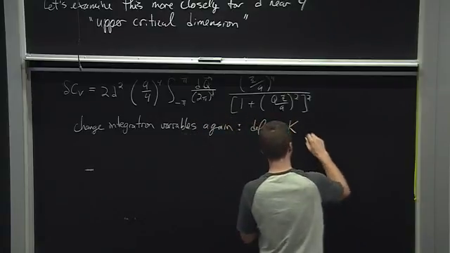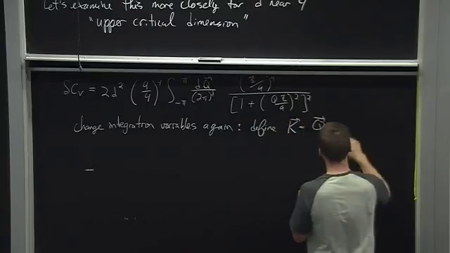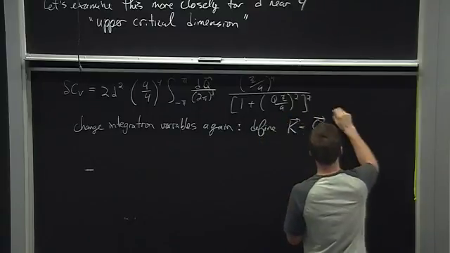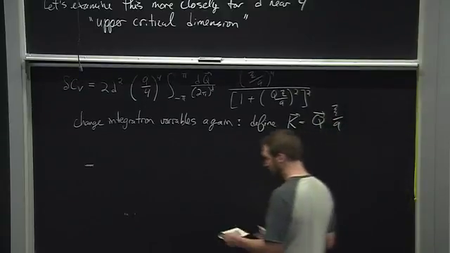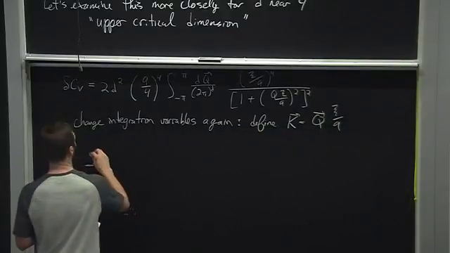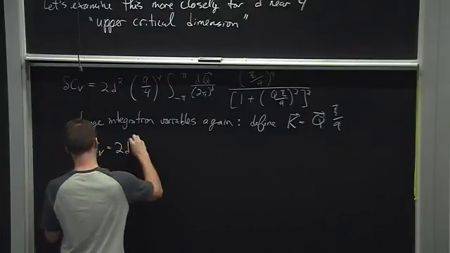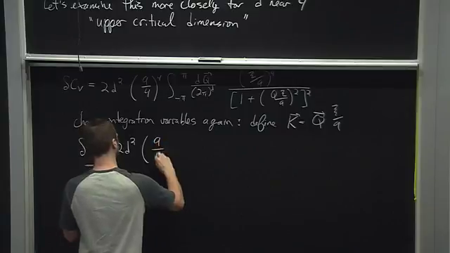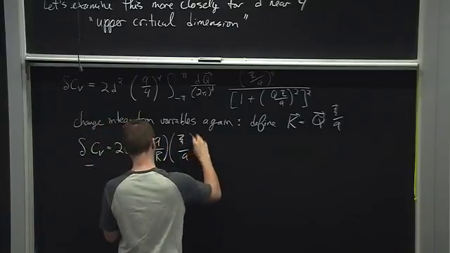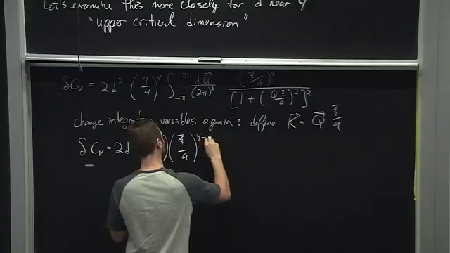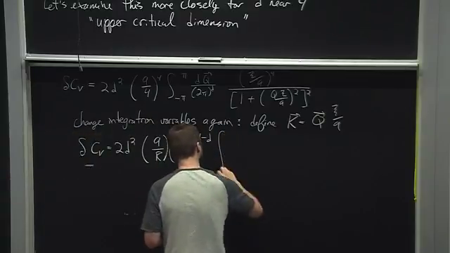So big K is Q Z over A. So the thing that we're going to analyze is simply an integral.